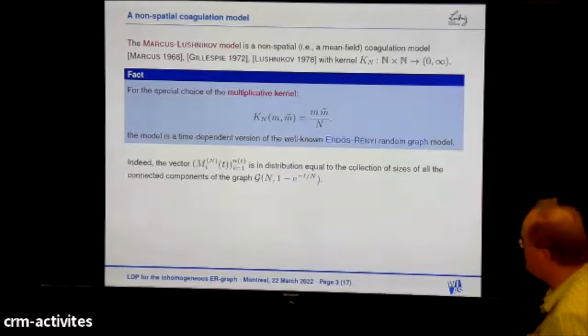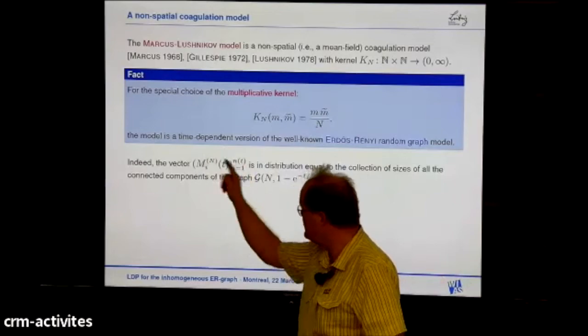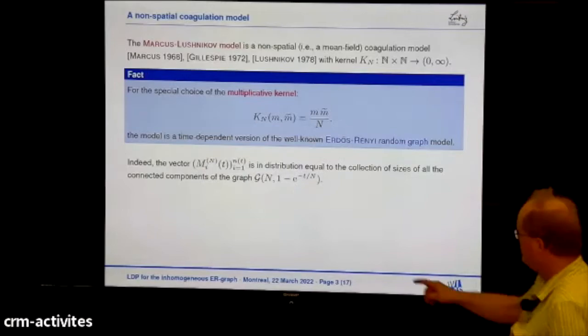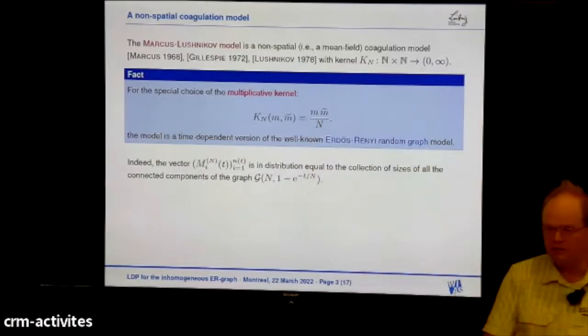Then the vector of the sizes of the particles is in distribution equal to the vector of the sizes of the connected components. And this is what we would like to study. So I'm making statements about the joint distribution of the component sizes of a standard Erdős–Rényi graph with probability roughly t over n for fixed t.